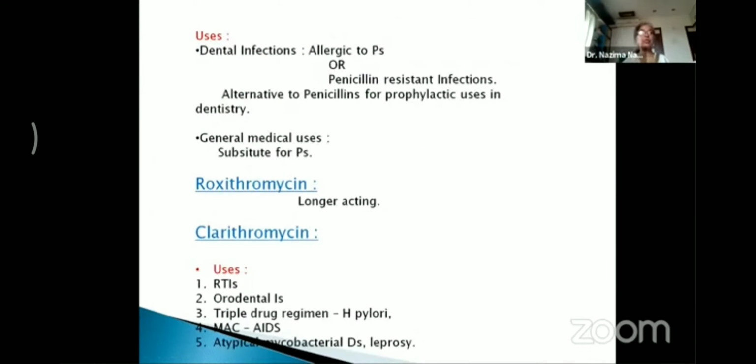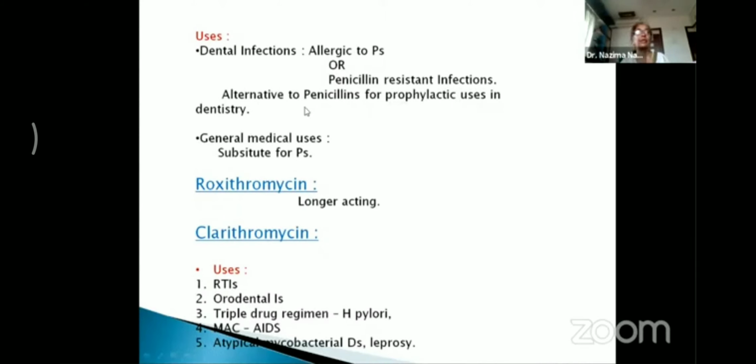Coming to the uses of erythromycin, it is preferred in dental infections where the patients may be allergic to penicillins, or in case of penicillin resistant infections. In such cases, erythromycin is generally used in orodental infections. It is also used prophylactically as an alternative to penicillins.